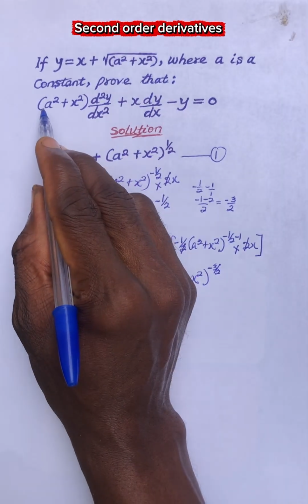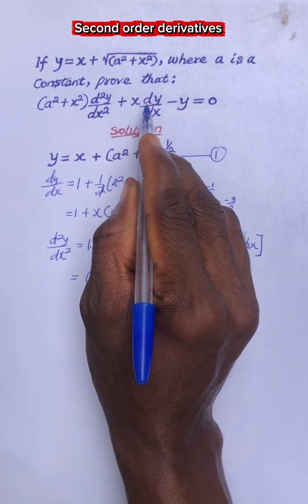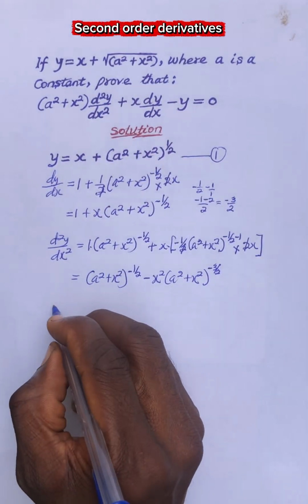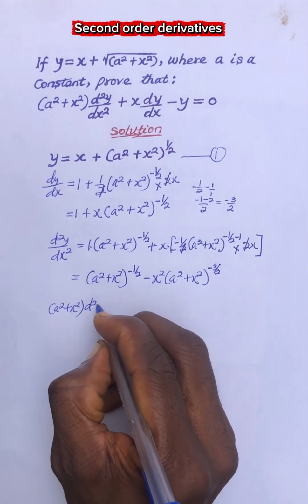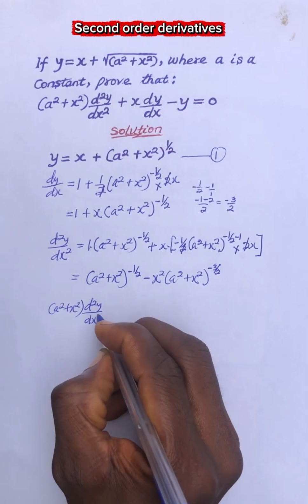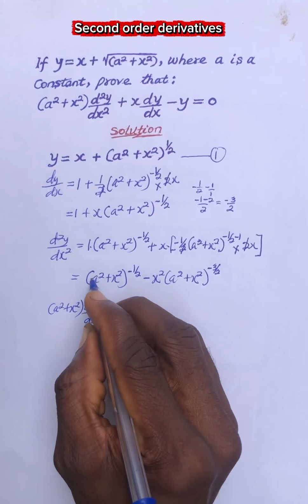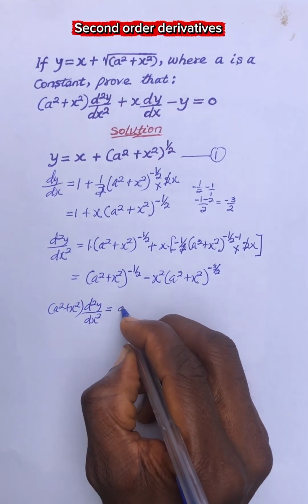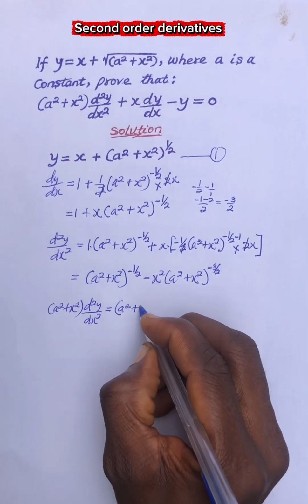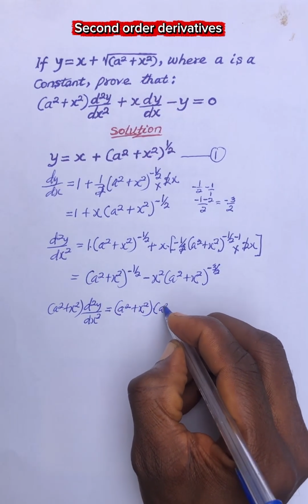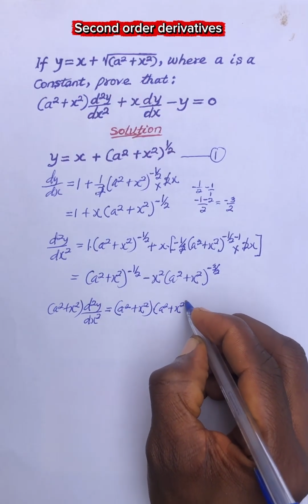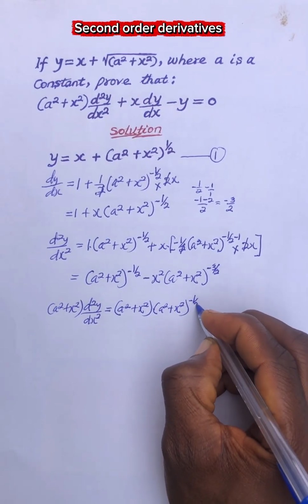From the question, we multiply the second order by this and the first by this, and we subtract this. So, (a squared plus x squared) d squared y over dx squared means we now multiply all this by a squared plus x squared, times this, (a squared plus x squared) all to power minus half.